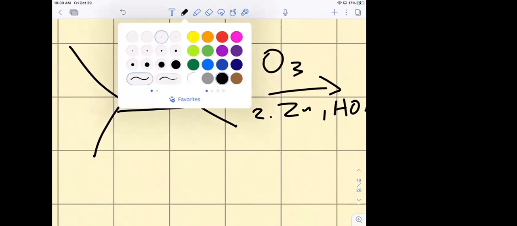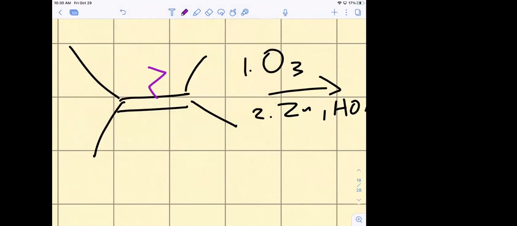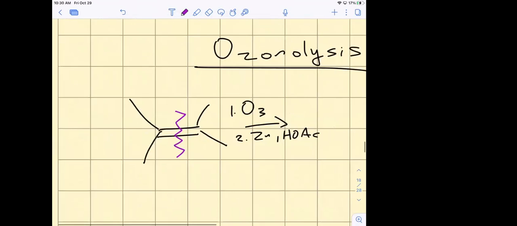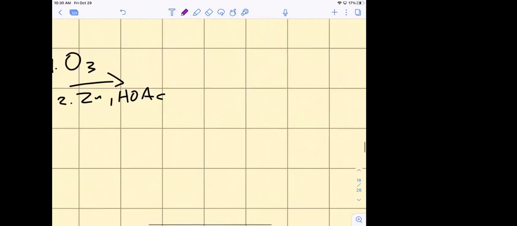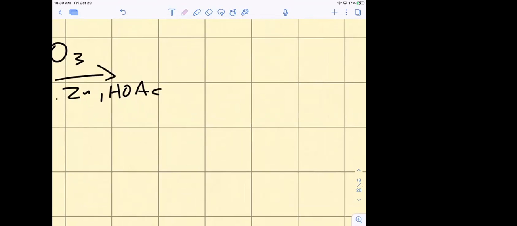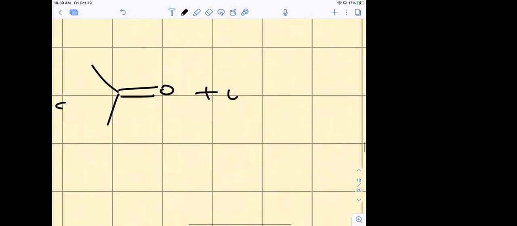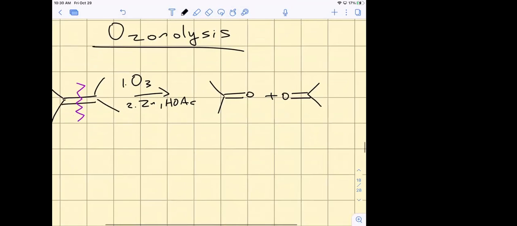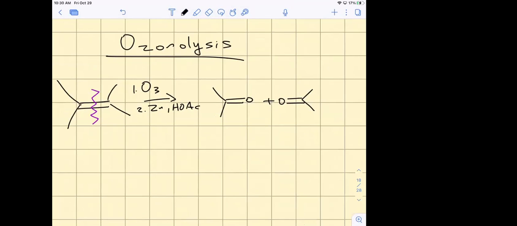So I'm going to crack this in half, right down the middle. And each carbon in that alkene is going to become a carbonyl. So if this is my alkene, I'll get two products from that. I'll get this, and I'll get this. All right. Anybody not see that?